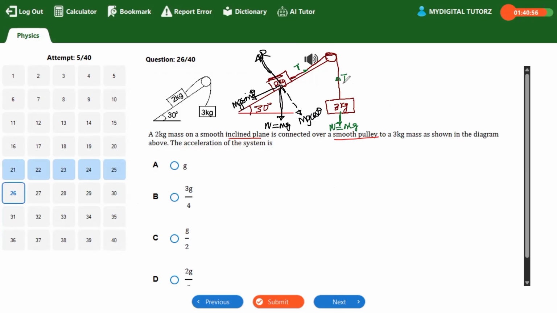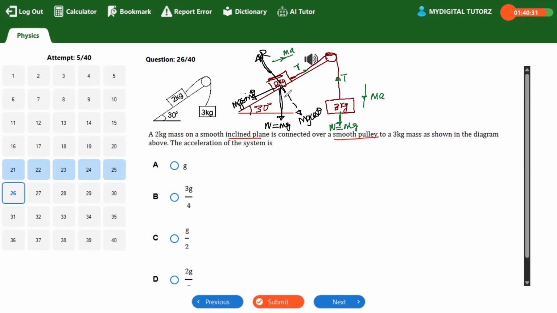So we call it T. So since there is motion, because this is smooth and this pulley is also smooth, there's going to be an unbalanced force. That unbalanced force is equal to mass times acceleration. Also, there's going to be an unbalanced force here, mass times acceleration. So we can call this one M1, call this one M2, as the case may be.